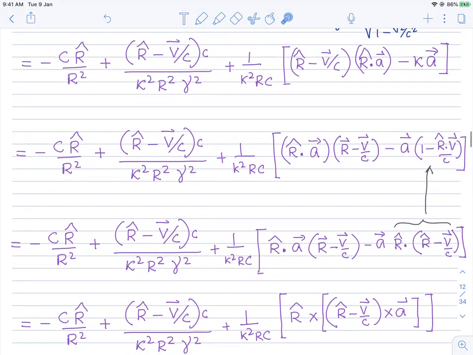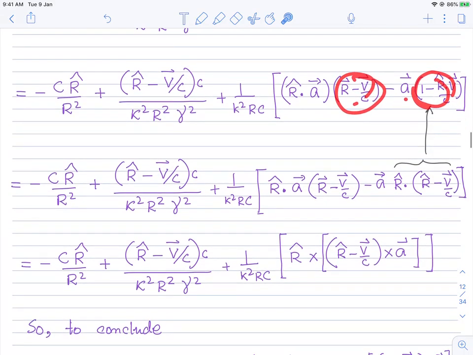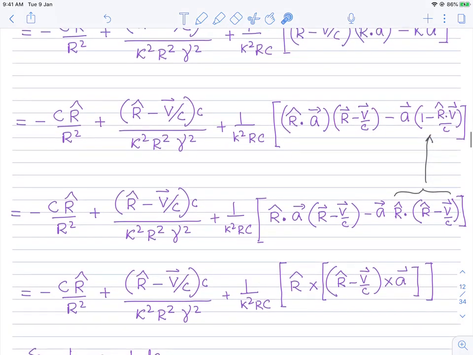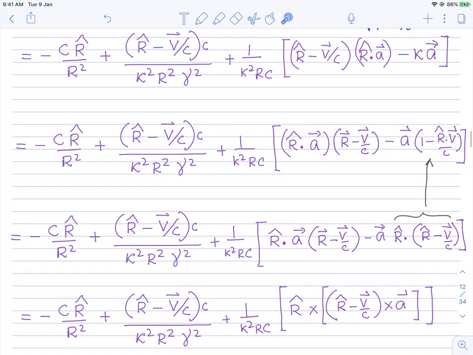So in the final expression, we'll have a difference of these two terms here, like r hat dot a and this vector, minus a times the same vector here. It's not the same vector, it's r hat. So I can rewrite this as r hat times this object. Then this vector becomes the same as this vector.